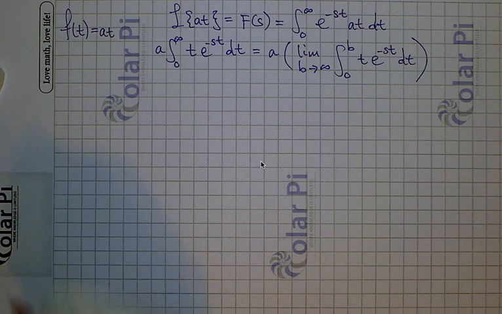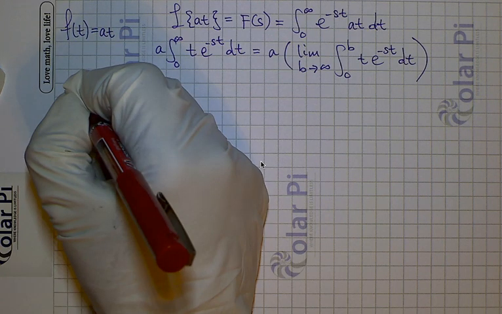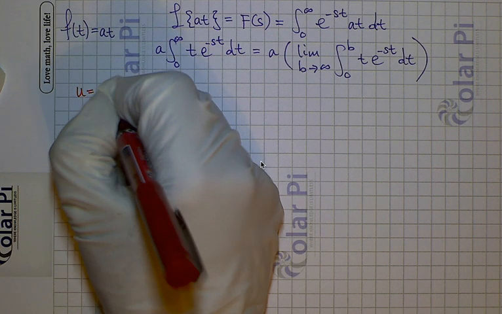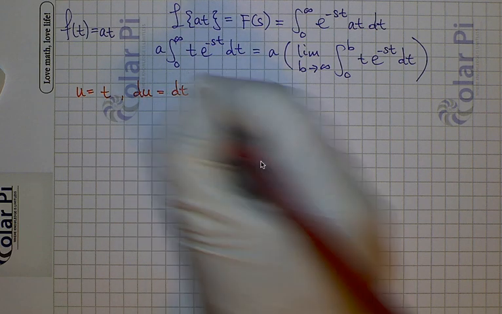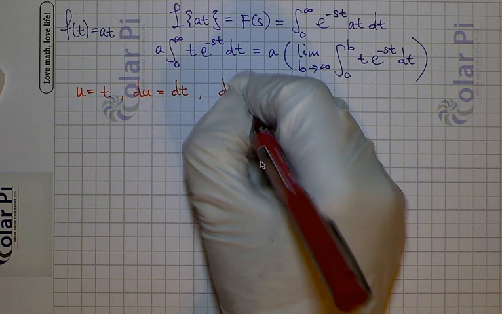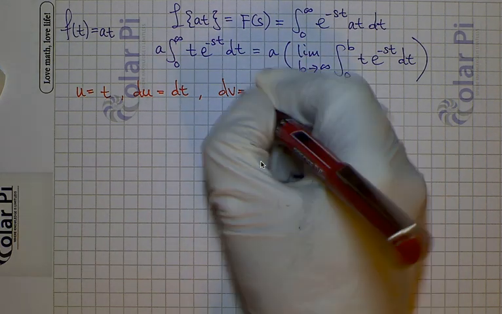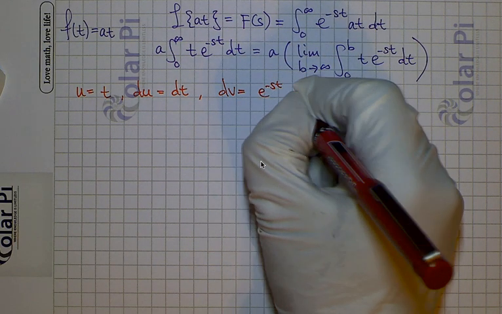So we're going to say that u is equal to t, so du is equal to dt, and then dv will have to be equal to e to the negative st dt.